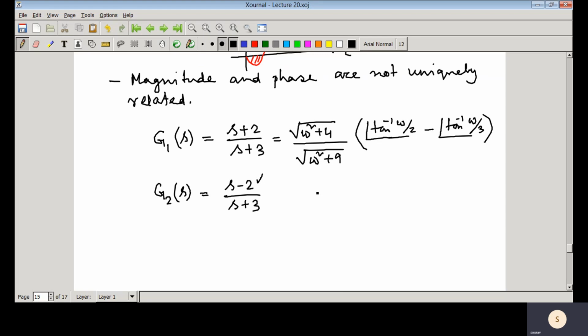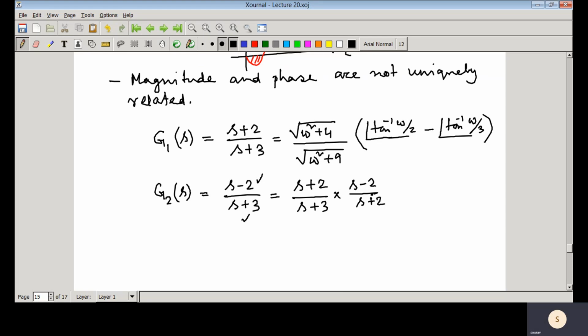But why the name non-minimum phase is given, that we are trying to understand. We can write it like (s plus 2) divided by (s plus 3) into (s minus 2) by (s plus 2).